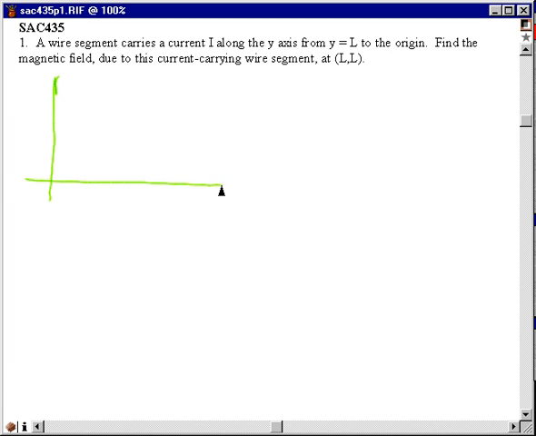So put a coordinate system, call that the x direction, the y direction, and then we need a current.